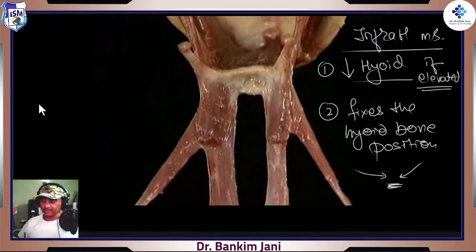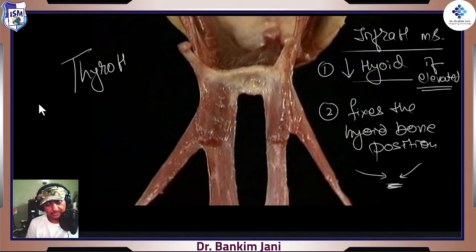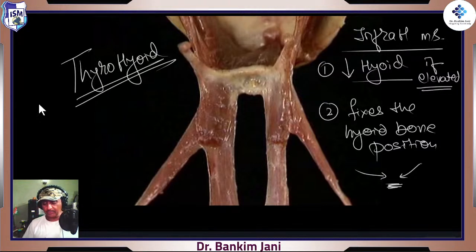So this is the common function of all 3: sternohyoid, omohyoid, and the thyrohyoid. But the thyrohyoid has one very interesting extra function. This is where the larynx would be. So when the hyoid bone is fixed, it will elevate the larynx.